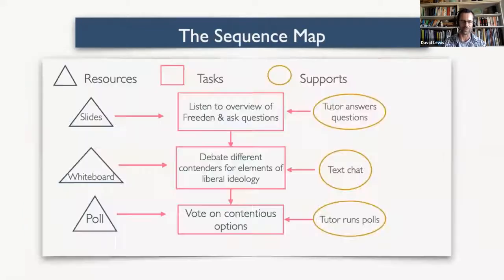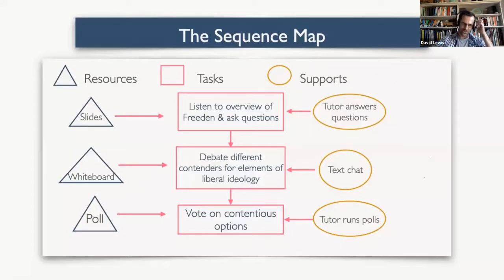Okay, next slide, please, Andy. Now, this is a sequence map. This is, as I say, really useful if you're going to be sharing the activity, or if you're building a resource library of different activities to be used in different tutorials or across different courses.